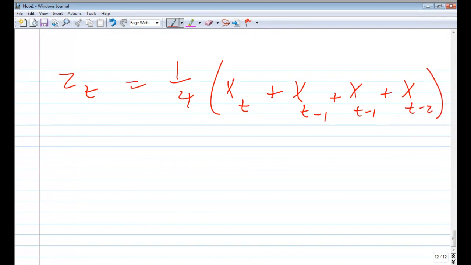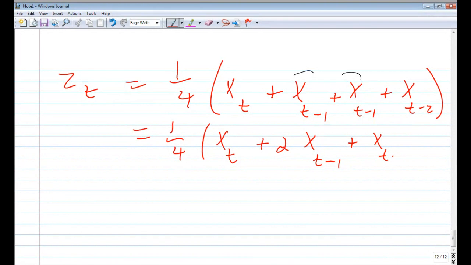But here we've got like terms, these two, you can add them together. You get 1 over 4, open brackets, xt plus 2 xt minus 1 plus xt minus 2, isn't it?